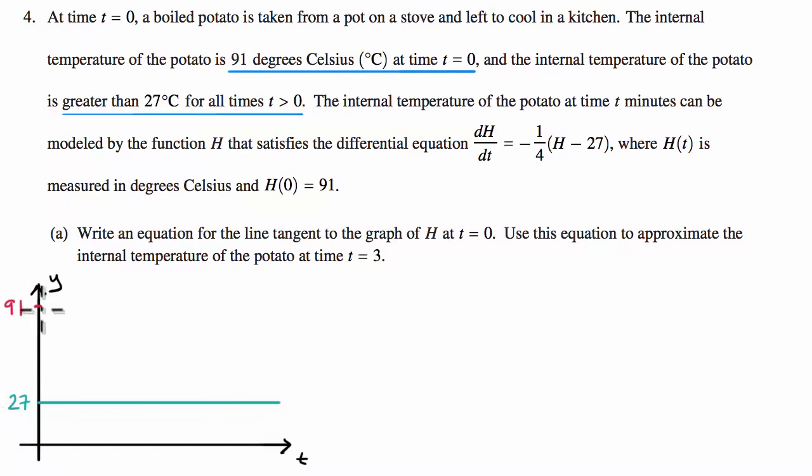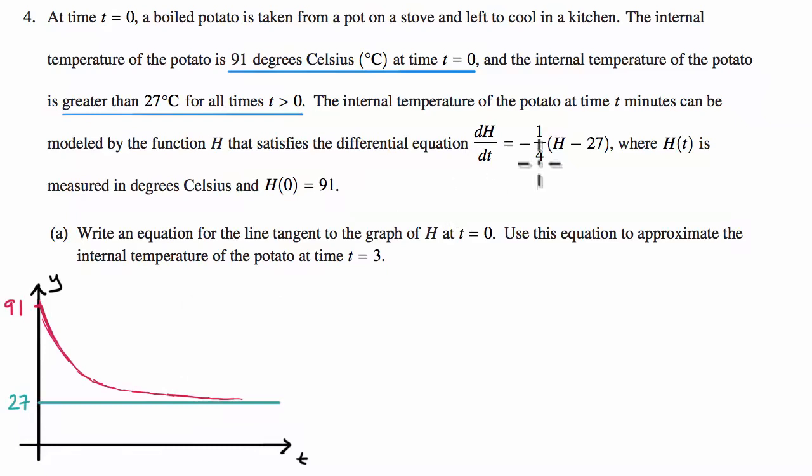And when there's a big difference between the potato and the room, maybe its rate of change is steeper than when there's a little difference. So you would expect the graph to look something like this, and then asymptote towards a temperature of 27 degrees Celsius.